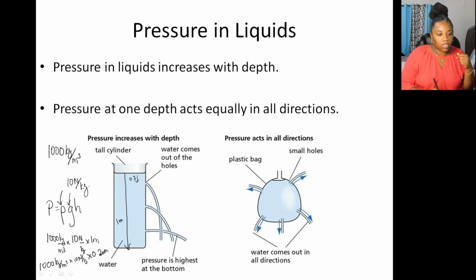So this in this case would be much less. This would be 2,000 newtons per meter squared right here, and this one will be 10,000 newtons per meter squared.